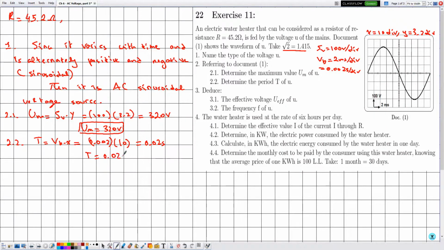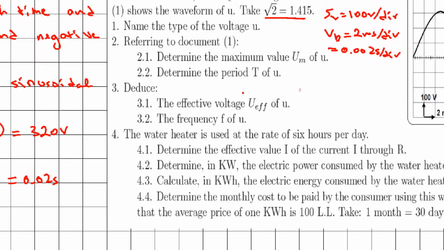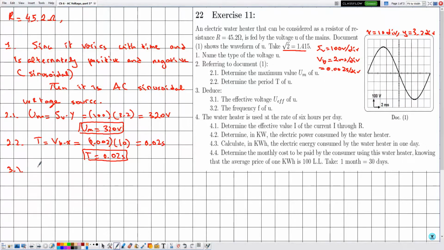Now after we have determined UM and the period, we expect that they will ask us about the frequency and the effective voltage, and indeed in 3.1 they are telling me to deduce the effective voltage, and by deduce it means that we use the previous parts. In the previous part we determined UM, and we know that U effective is equal to UM divided by square root of 2.